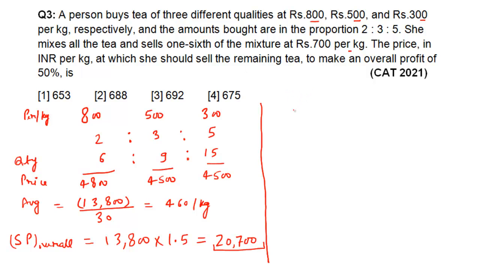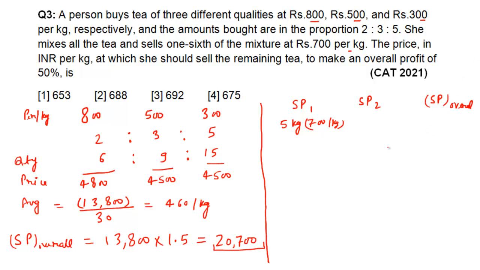If we talk about the selling price, one selling price is for 1/6 of this total 30 kg. 1/6 means 5 kg. So 5 kg is sold at 700 per kg, and the other one we have to find out, and the overall we have already calculated.